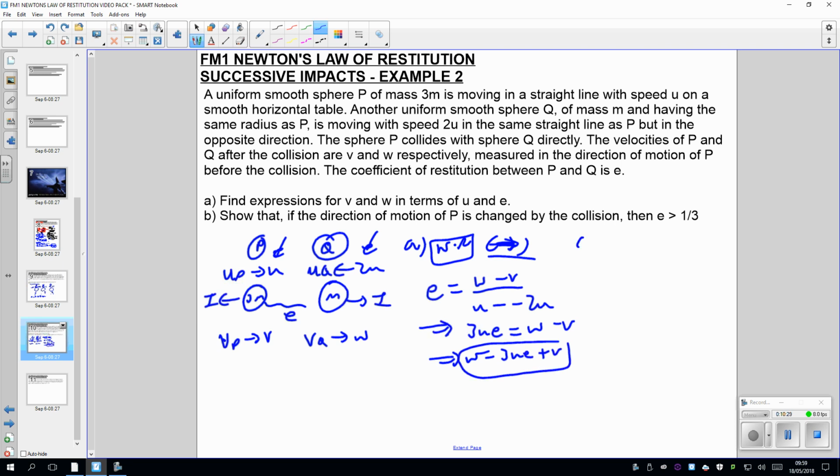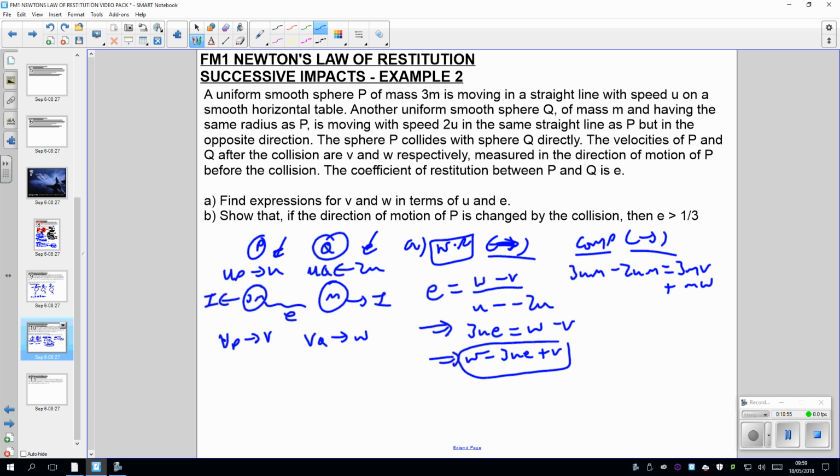Where's the second one coming from? Conservation of momentum. So we get 3um plus, but it's not going to be plus, it's going to be minus. So 3um minus, because it's going in the opposite direction, 2um is 3mv plus mw. So m's are going to cancel.